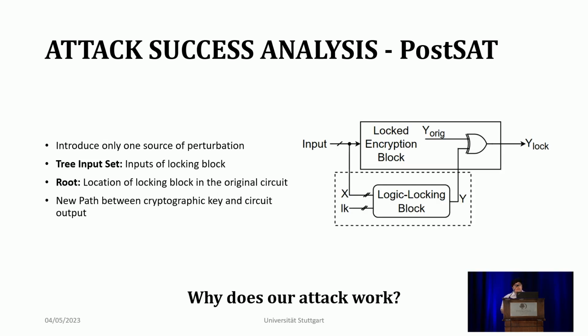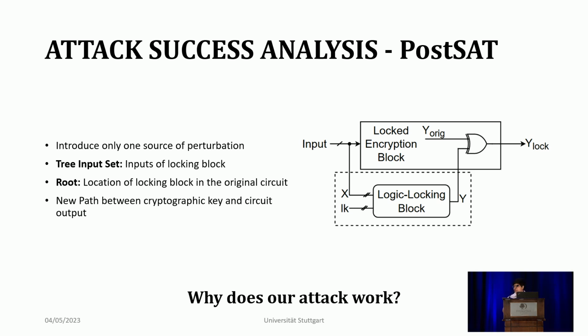On the other hand, point function-based logic locking schemes insert only one source of perturbation towards the end of the operation of our circuit, which eliminates this possible interference of the effects of different incorrect locking key bits. But what these schemes do is insert a separate logic locking block into the circuit, which has two inputs.